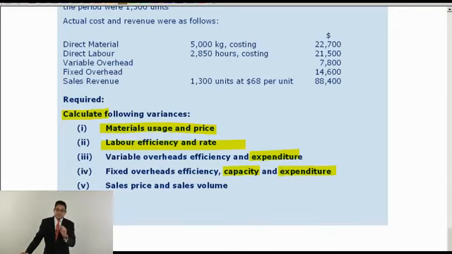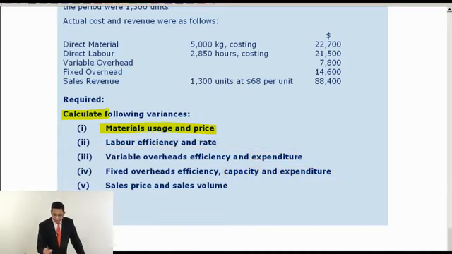Okay, the reason is this: if I just start with material, the cost of material depends upon two things. Number one, how much material will be used in one unit, and what will be the price of material per kilo, per liter, per meter, etc. And I think you got my idea already. Usage is the responsibility of one department, and price or purchasing is the responsibility of another department.